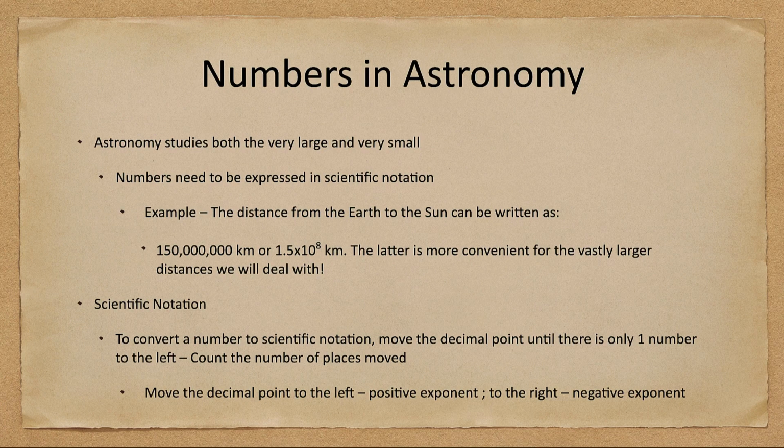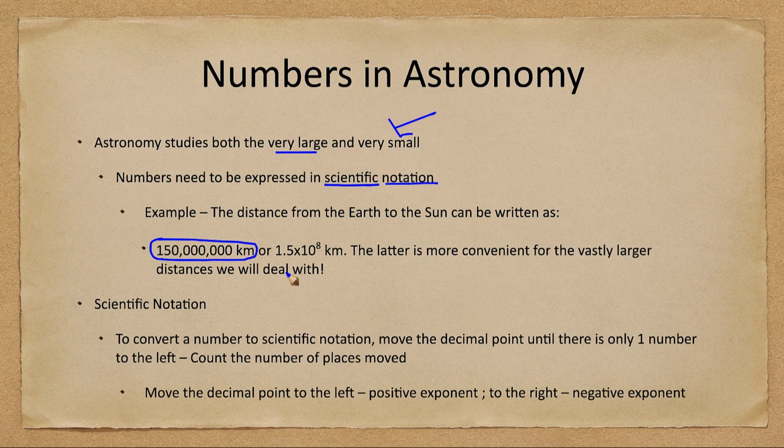And what we find is that for numbers, we look at really big and really small numbers. So we will see a combination of these, and we need to be able to express these numbers in scientific notation. Now, why do we need to do this? Well, the Earth and Sun are 150 million kilometers across, and we deal with numbers even far bigger than that.